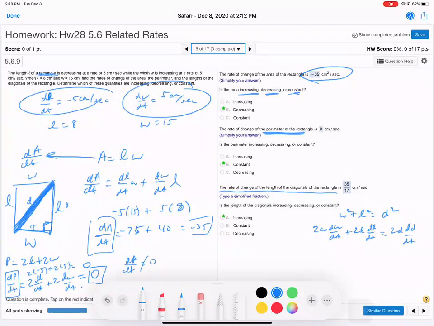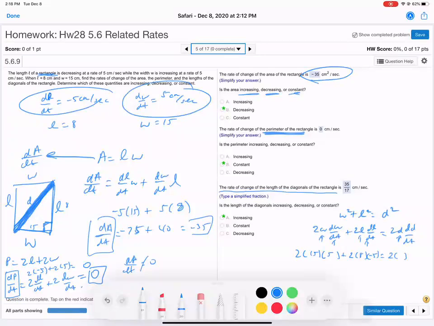So I need to find what D is. See how we need to find what D is? We have all these values: 2 times 15 times the width change, which is 5, plus 2 times 8 times the change, negative 5, equals 2 times D. We don't know what D is. We have to know what D is.